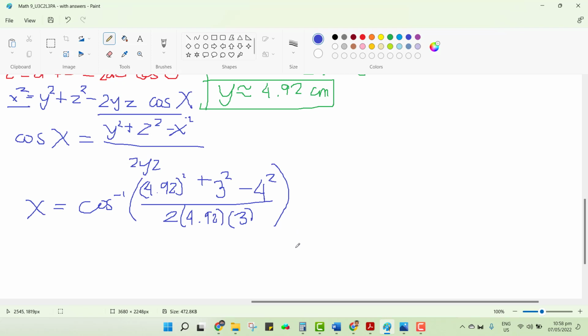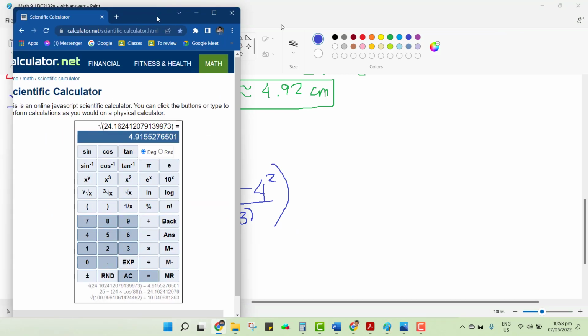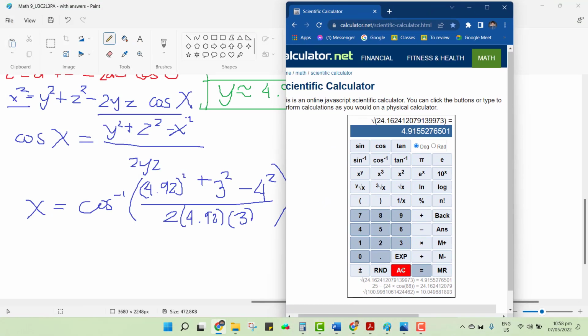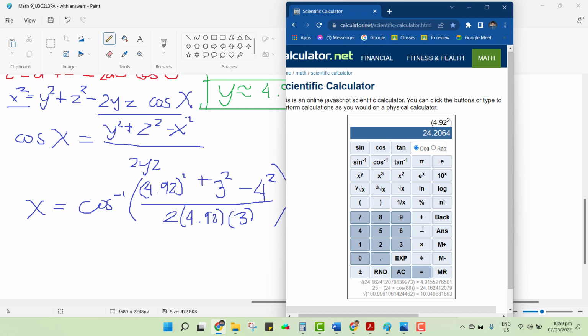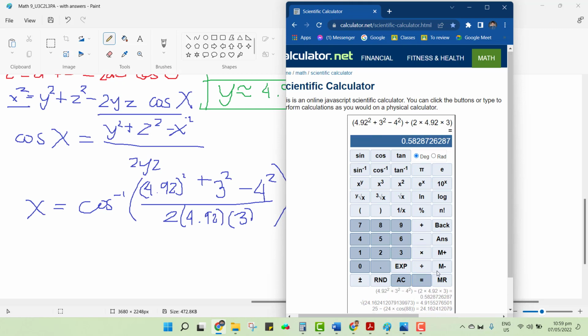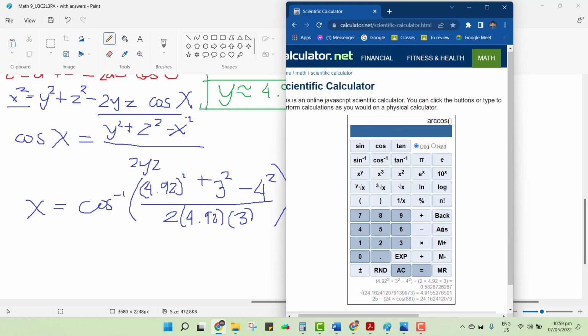Going to our calculator, it will have this process. You have the parenthesis, 4.92 squared plus 3 squared less 4 squared for the numerator, divided by the product of 2 times 4.92 times 3, equals, and then take the cosine inverse of the answer.